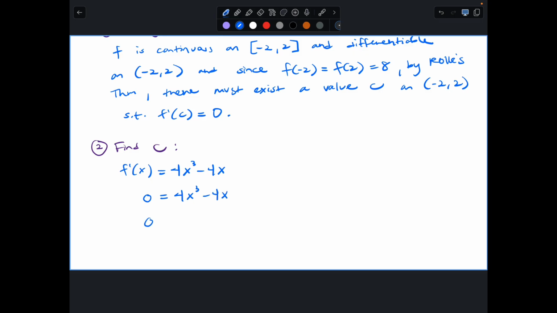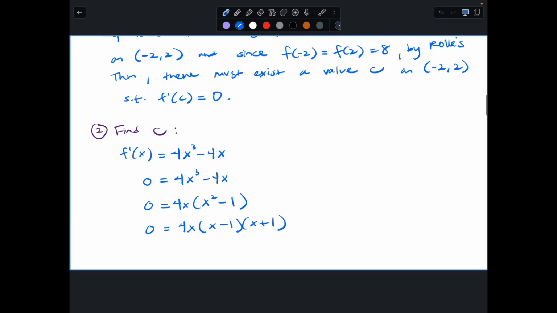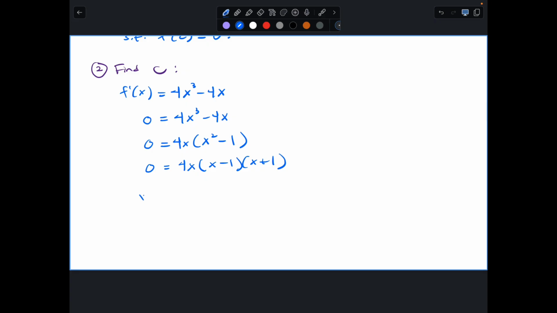We can solve that by factoring. So factor out the 4x. Factor the difference of squares. Okay, so we get x equals 0, 1, or -1.